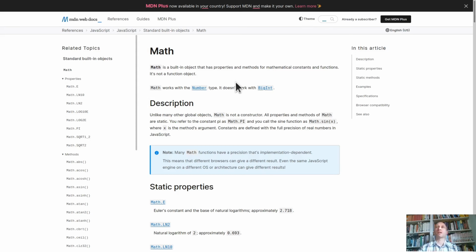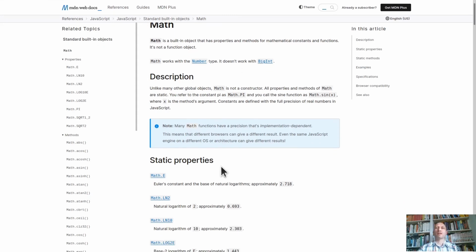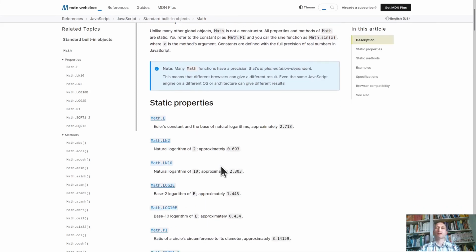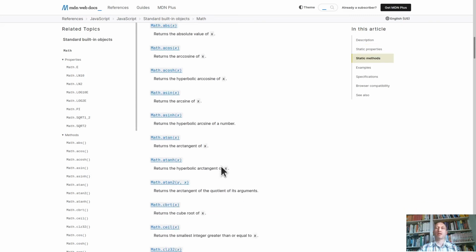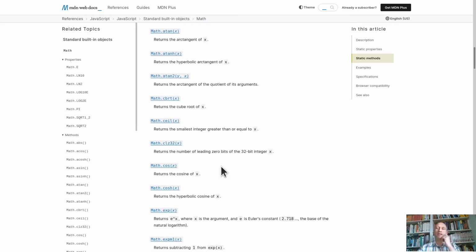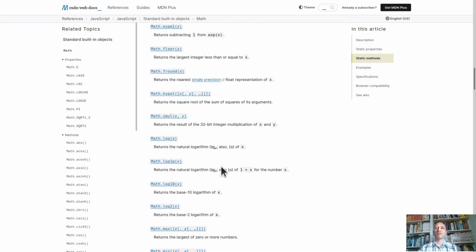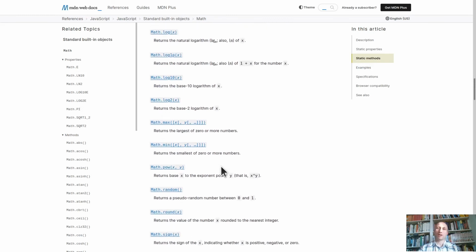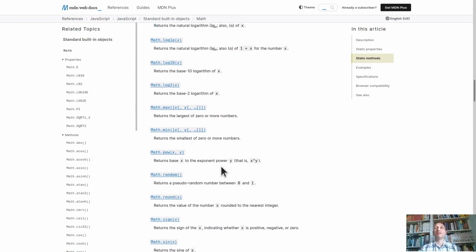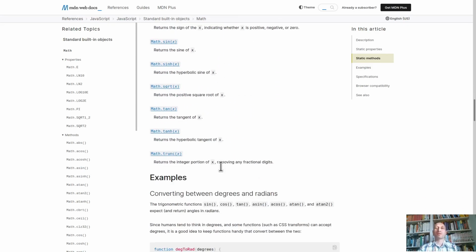This is the Mozilla website, so probably it's a good source. Anyway, here are the constants defined and all the methods as well. It's a similar set of functions. Of course, if you can't find the thing you need here, that's a good opportunity to do some programming.